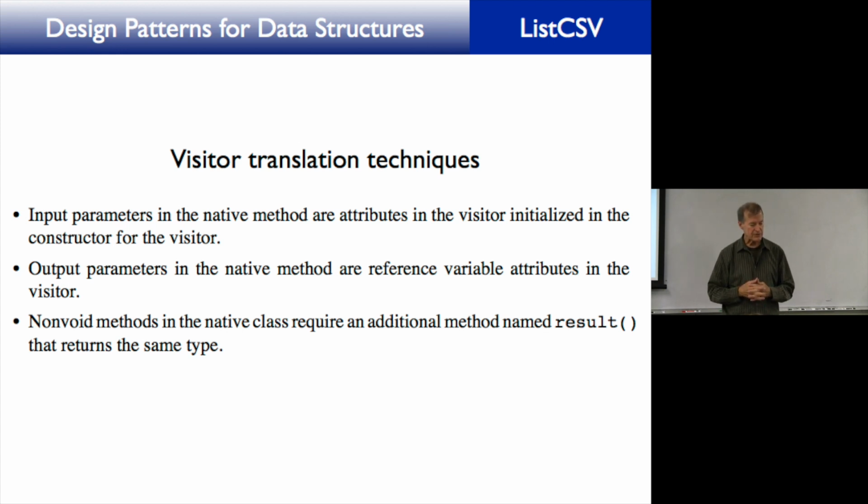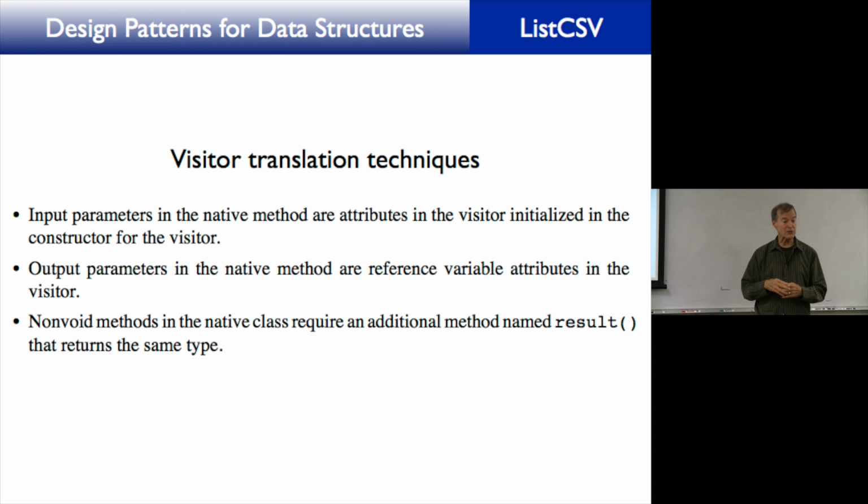Input parameters in the native method are attributes in the visitor initialized in the constructor. Now, I don't think we mentioned this last time, but how do you set the attributes of an object? Well, when that object is instantiated, the constructor sets it. So if the parameters in the non-visitor method correspond to the attributes in the visitor, then the way those attributes get their values is when the constructor is called.